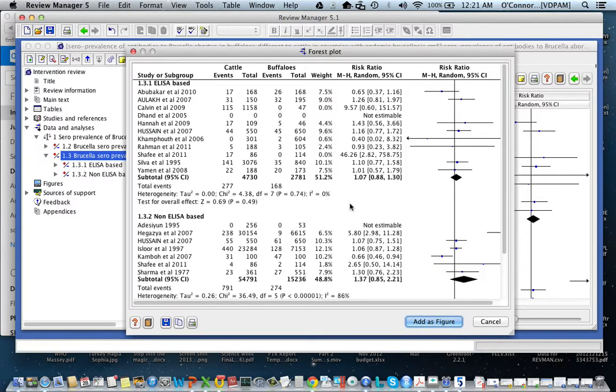And so then you think, well, should I really remove them? But we know those estimates have such uncertainty that it's hard to think that they should be really influential. So as I said, I'd probably reach a conclusion and say that based on the ELISA, what we're seeing is no real difference in the seroprevalence of cattle versus buffalo.